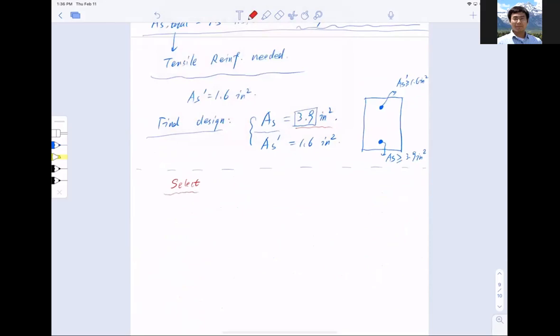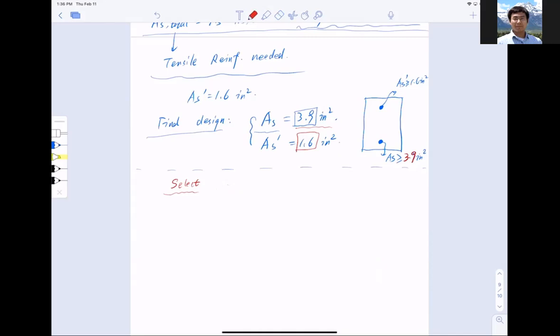Okay. So now I know it's 3.9 for tensile reinforcement and 1.6 for compressive reinforcement. I need to select bars. It says assume number 8 bars, right?